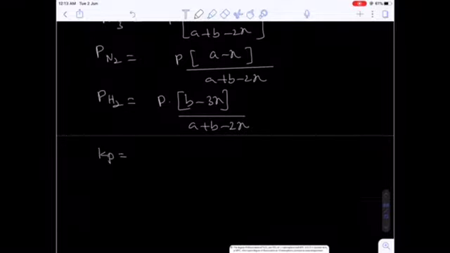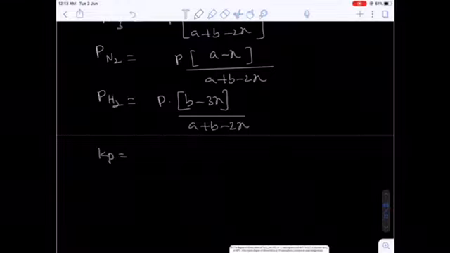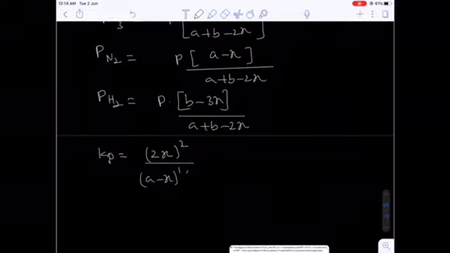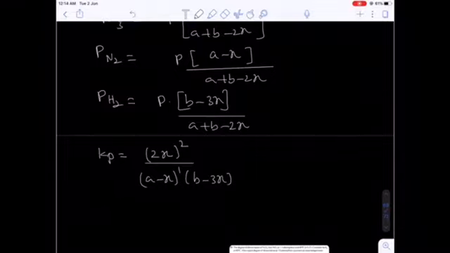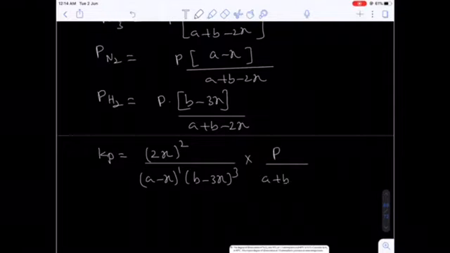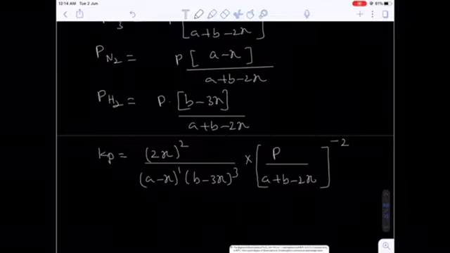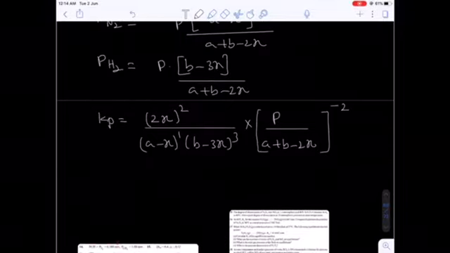What is the Kp value here? Here I am writing Kp: (2X) whole squared divided by (A minus X) whole power 1, (B minus 3X) whole cube, into P whole divided by (A plus B minus 2X), whole to the power minus 2.